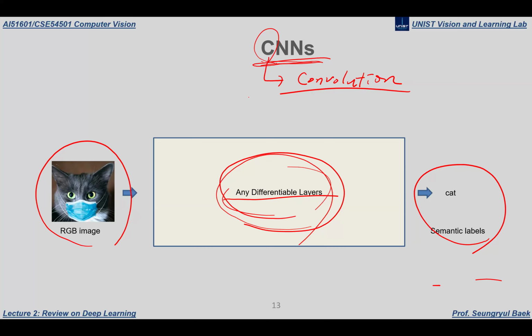This convolution operation was widely used before for processing image signals. Before deep learning, convolution was widely used to process images to reduce their noise or sharpen them or give other effects on the image.